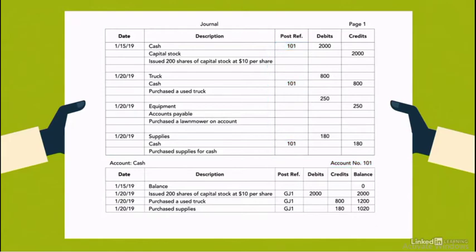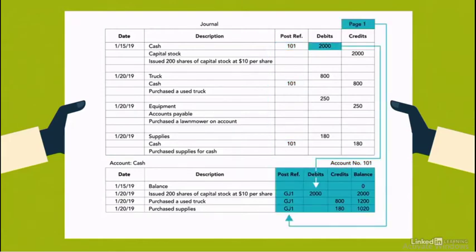For example, the GJ1 notation in the cash account for the July 1st entry means that the $2,000 has been posted from page 1 of the General Journal. Now, as you might imagine, these posting references are useful in tracking down mistakes. With a computer system, the software automatically generates these posting references.